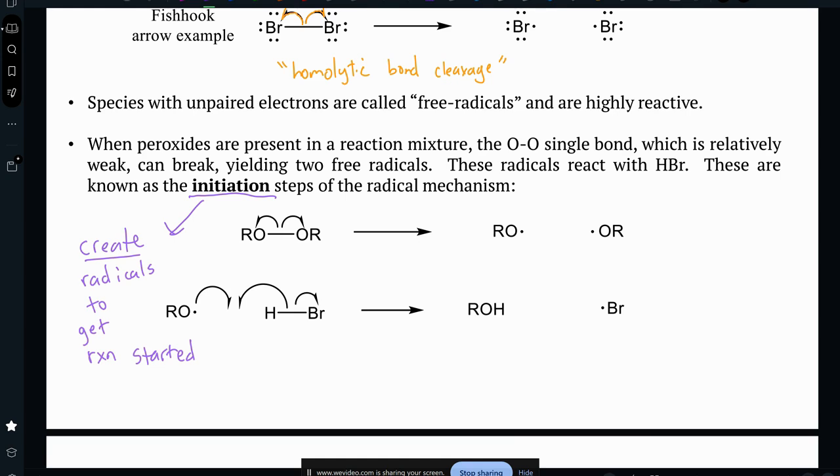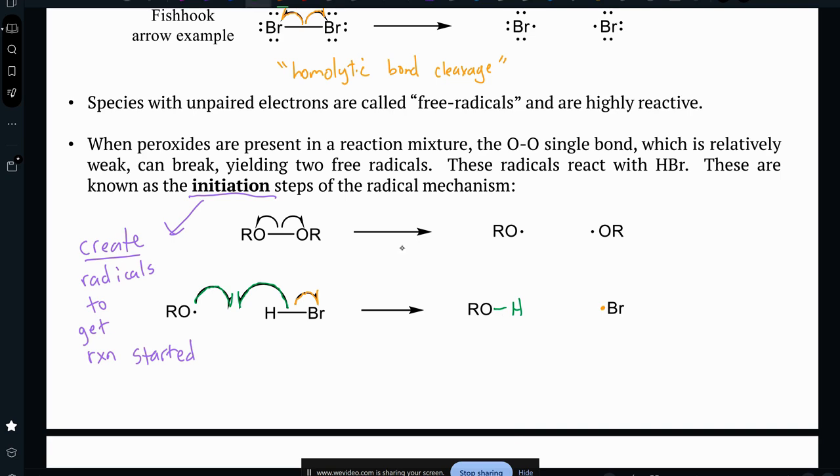So if I want to be more explicit about this, we're essentially taking these two electrons, one from here, one from the bond, and we're using them to form this new OH bond. And then the leftover electron from the bond becomes a radical on bromine.